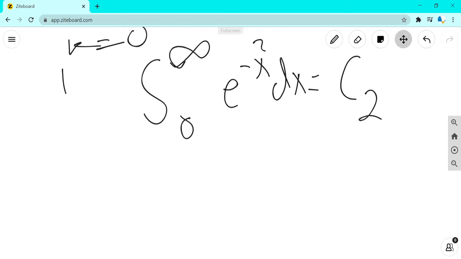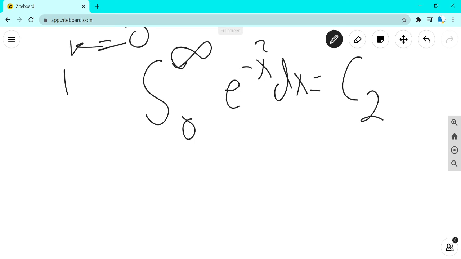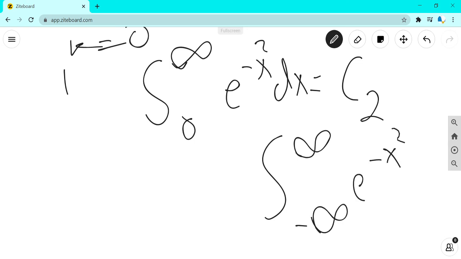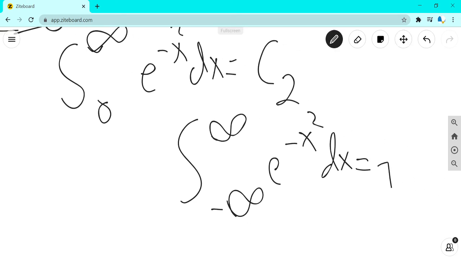You may remember there's an integral that's very similar to this, exactly it except the bounds are different, and that is the Gaussian integral. It says the integral from negative infinity to infinity of e to the negative x squared dx is equal to square root of pi.